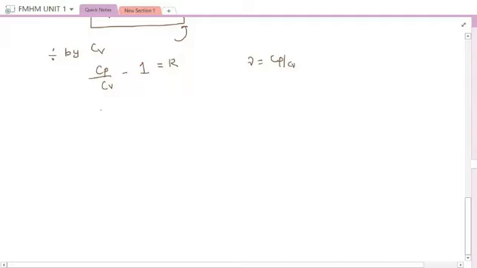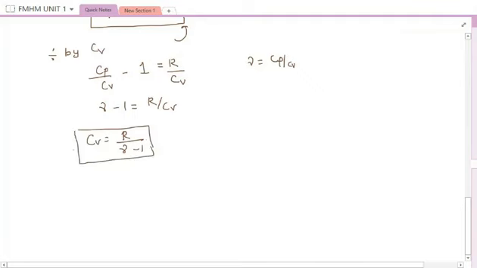So gamma minus 1 equals R divided by Cv. Rearranging the equation, we get Cv equals R divided by gamma minus 1. This is one of the important relations which helps while solving problems. Please make a note.